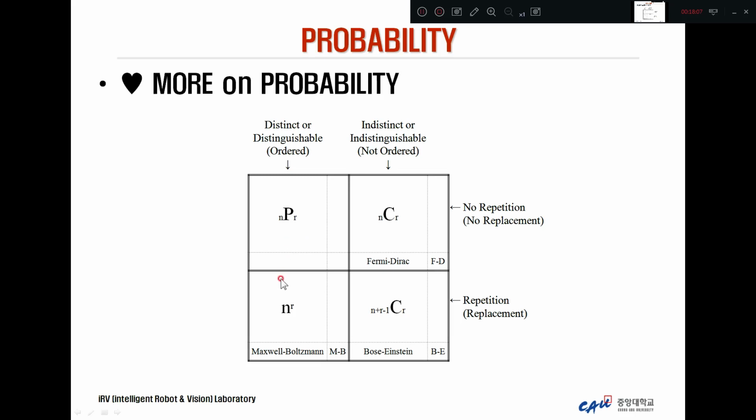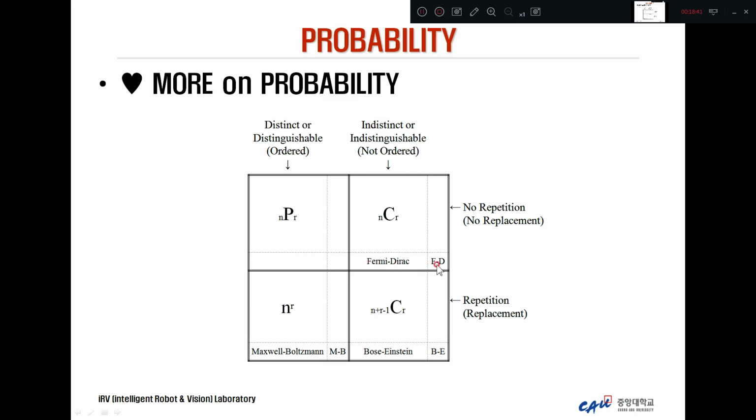And left bottom we have n to the power of r, which is the MB distribution, Maxwell-Boltzmann distribution. Among n distinct objects, the repetition is allowed, so it's n to the power of r. On the right hand side, right top, we have a combination. The order is not important, and we don't allow repetition, so among n objects, you pick R objects in the box.